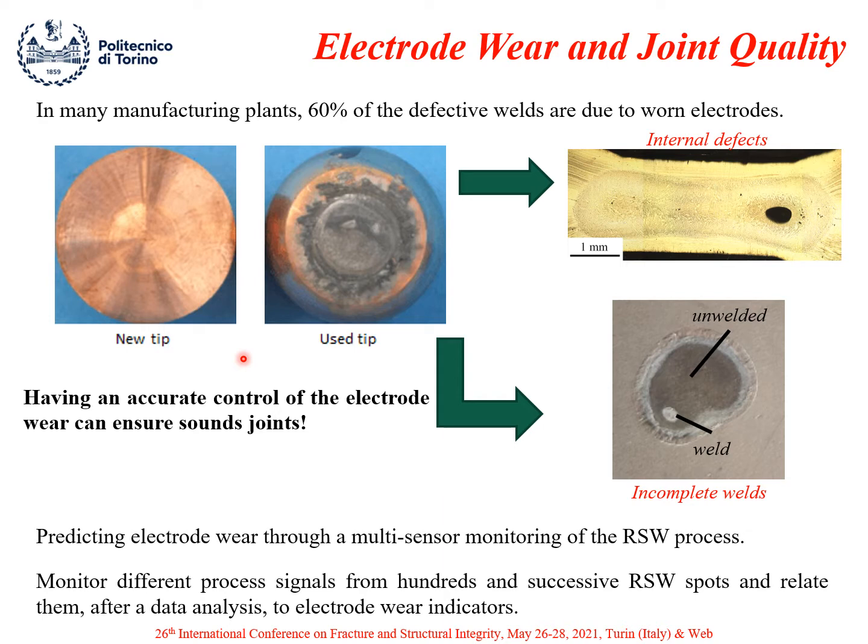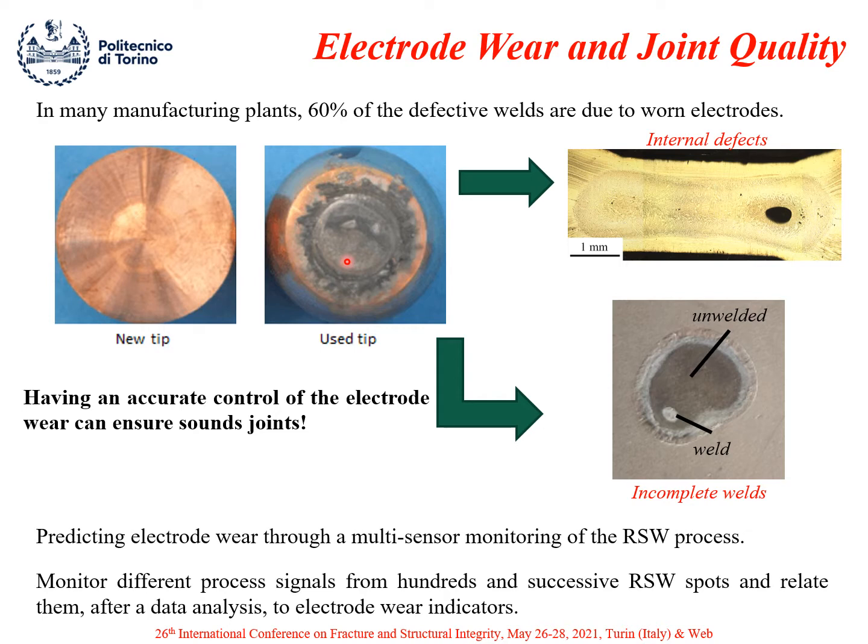As the number of welds increases, the electrodes are damaged by wear due to different and complex electrical, chemical, mechanical, and thermal phenomena, which also interact with one another. Overall, the wear mechanisms that occur on the electrode surfaces mainly cause an enlargement of the electrode tip diameter, oxidation, and erosion of the electrode surface.